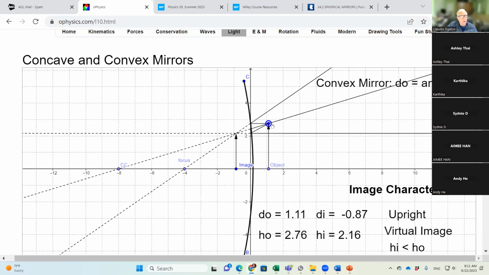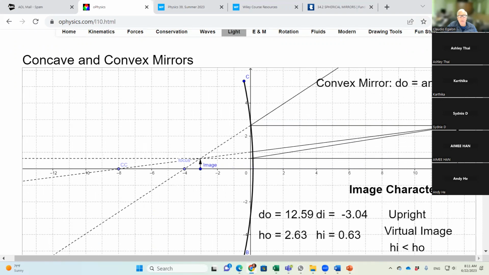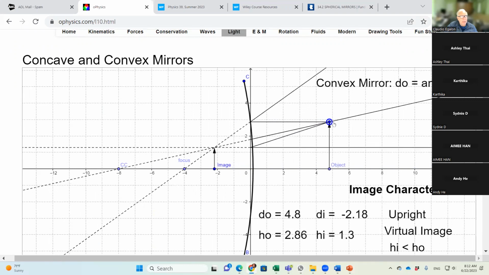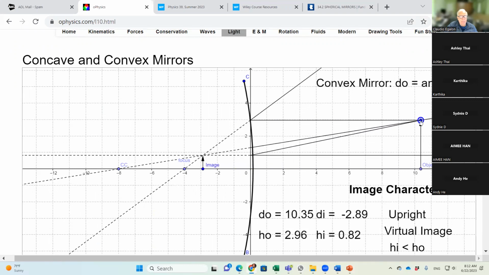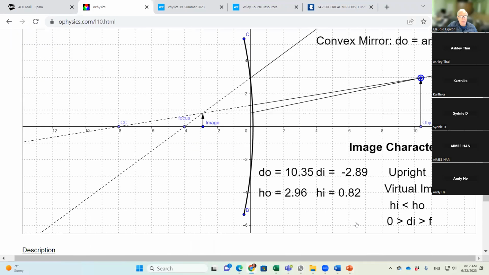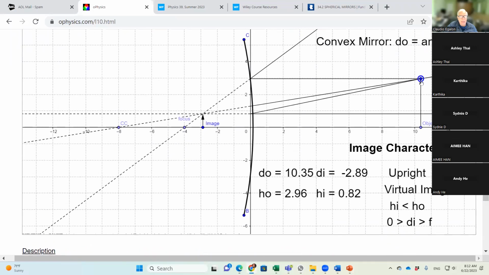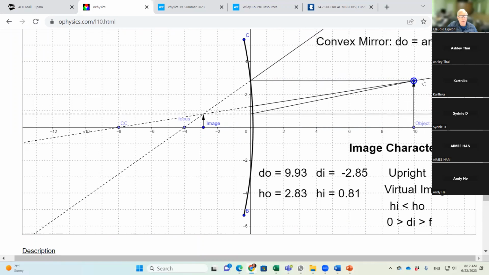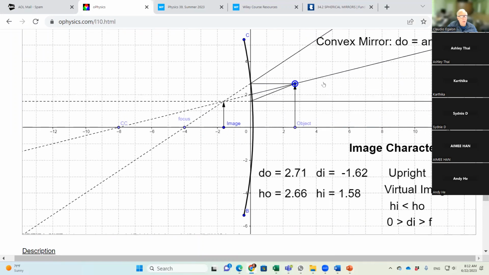The image will always be behind the mirror, and it's going to be smaller than the object. Here you go, height of the object, height of the image. And the image is always going to be upright and virtual.